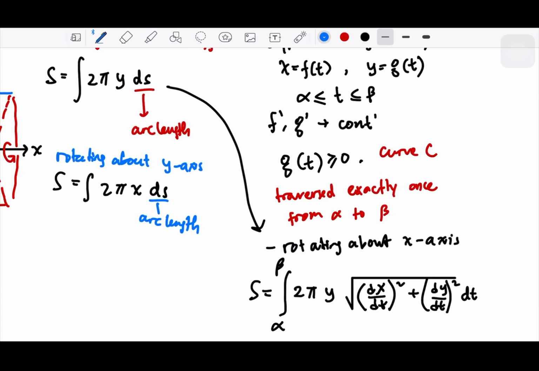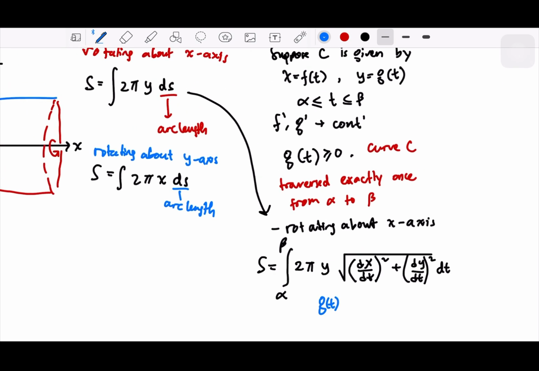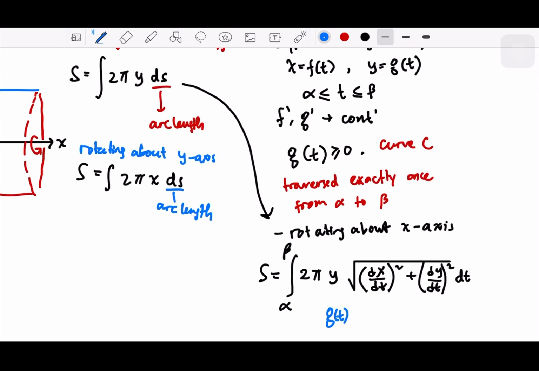Or you can write y as g of t, okay? And same thing, if you have the rotation about the y-axis, then you can write 2 pi x instead of y. So you are just extending the variable. It depends on the quantity, rotating about the x-axis or the y-axis.